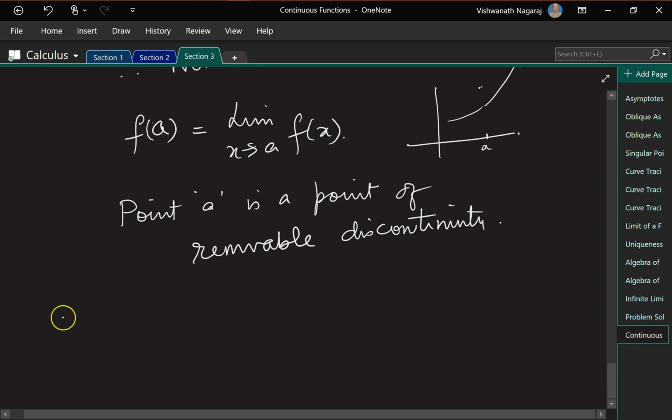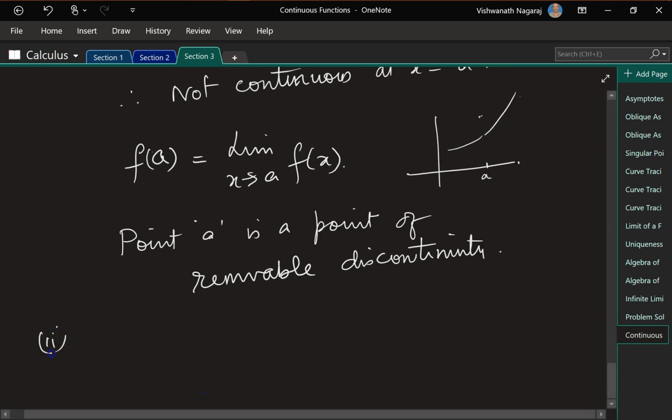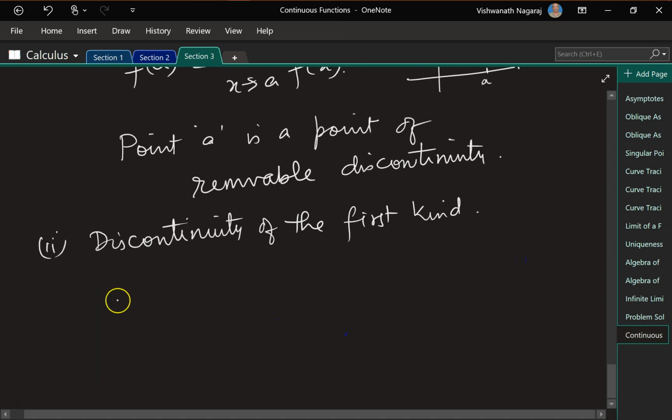Now the second type is discontinuity of the first kind, such an imaginative name.